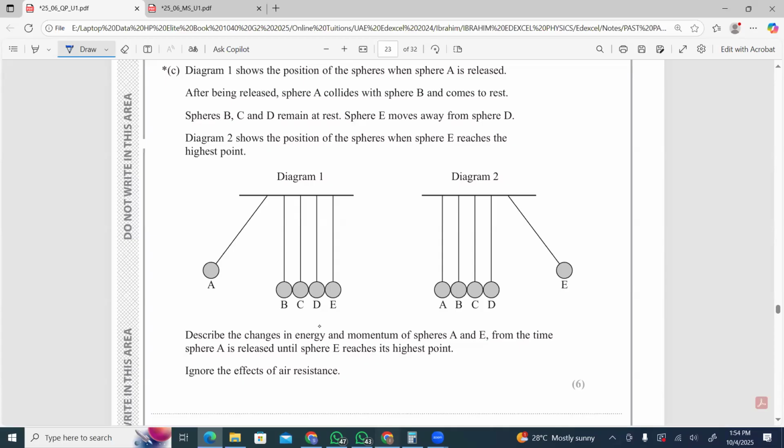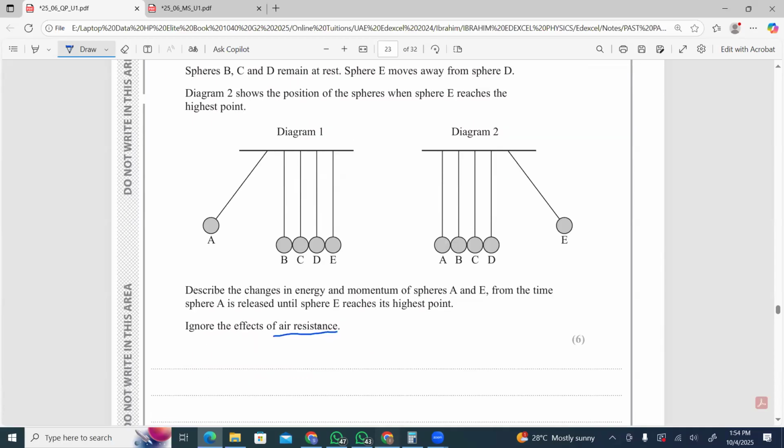So diagram 2 shows the position of the spheres when sphere E reaches the highest point. Describe the changes in the energy and the momentum of the spheres A and E from the time sphere A is released until sphere E reaches its highest point. Ignore the effects of air resistance, so no loss of energy. Remember that, okay?